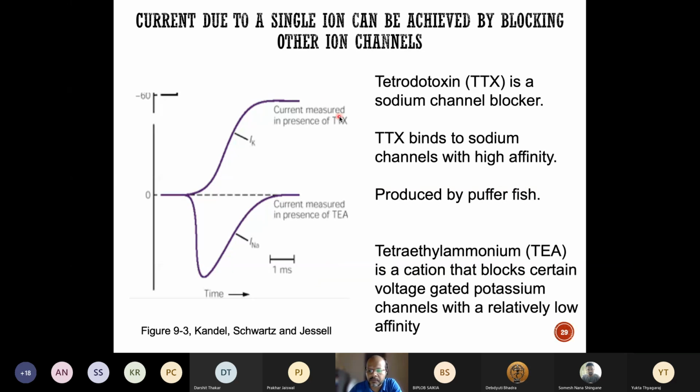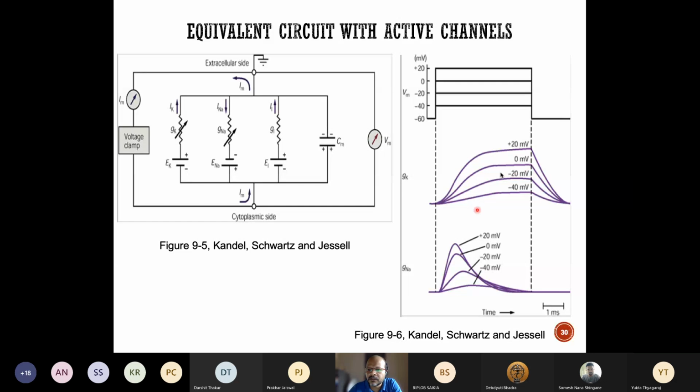So it will have a similar shape. That is why it's trivial to compute the conductances. It's basically the same shape as the current. You're just dividing by the voltage, which is anyway fixed. So there you go. This is how you measure the conductances of sodium and potassium in the active condition when they depend on the voltage.